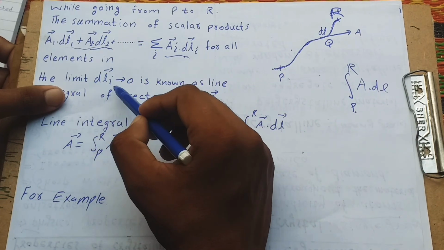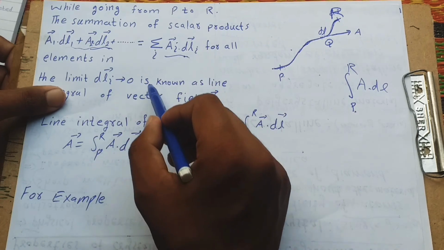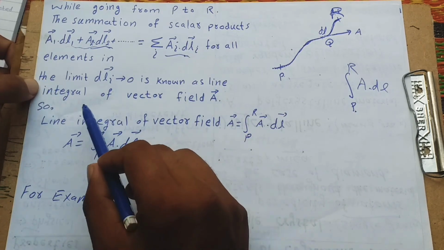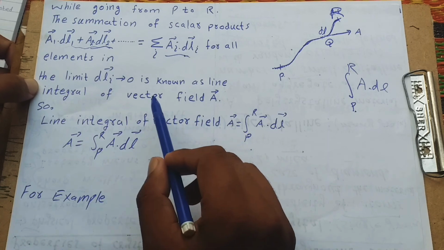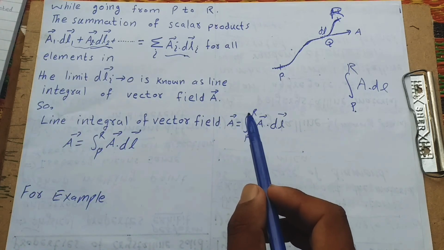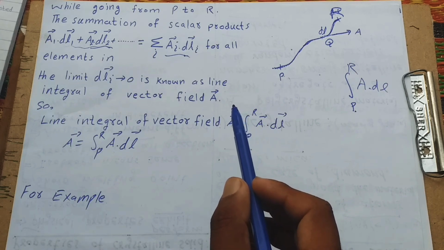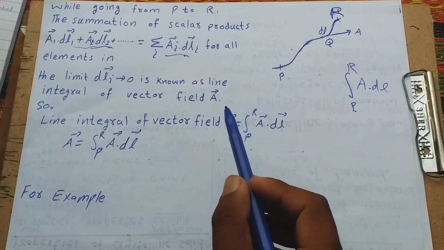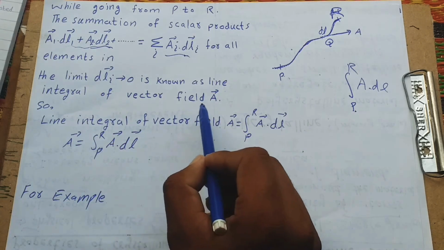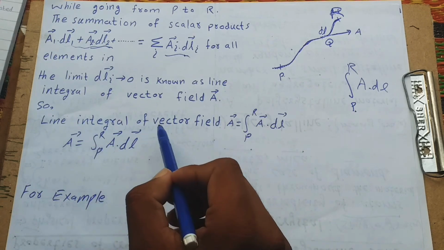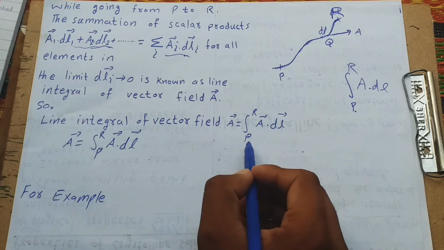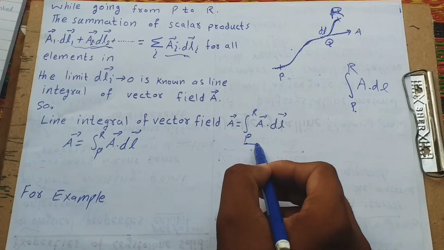The limit as dli approaches 0 of this sum is known as the line integral of a vector field. So for the line integral of a vector field, we sum by integrals.